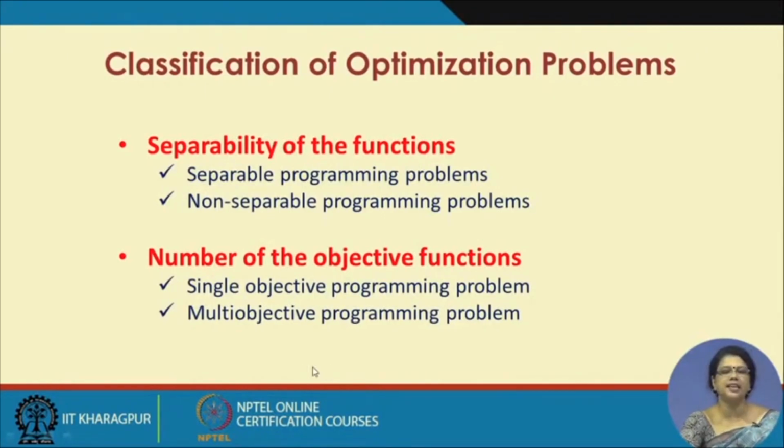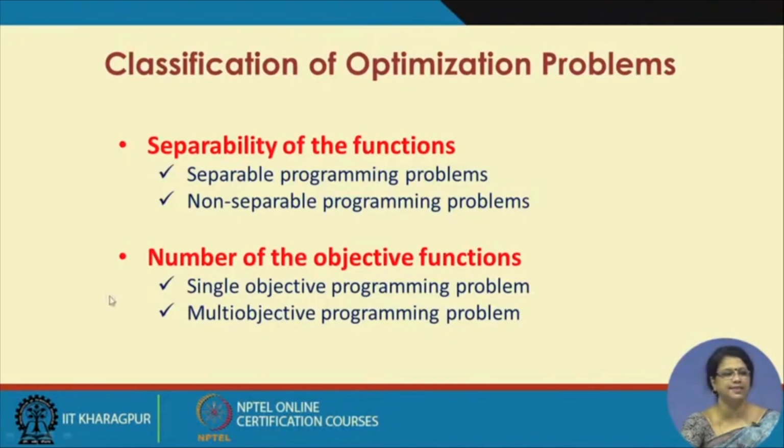Now, other than this, we can have separable programming and non-separable programming problems. If we look at the constraint part, as I said, we may have constraints or we may not, that is the constrained and unconstrained optimization problem. Similarly, if we consider the number of objective functions, we can have a single objective function, or two objective functions.